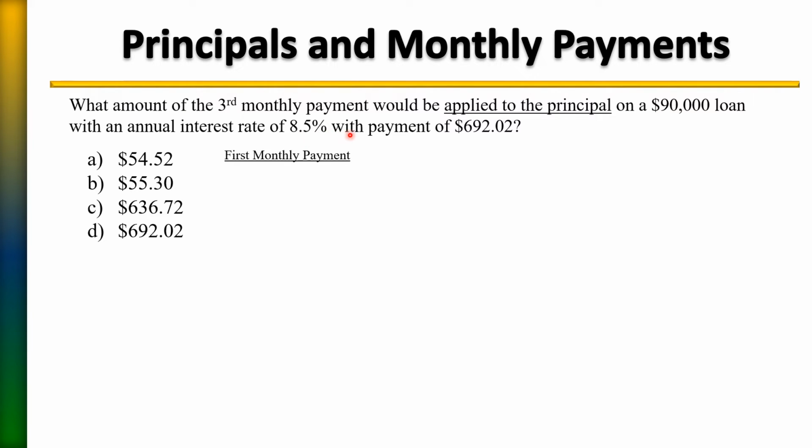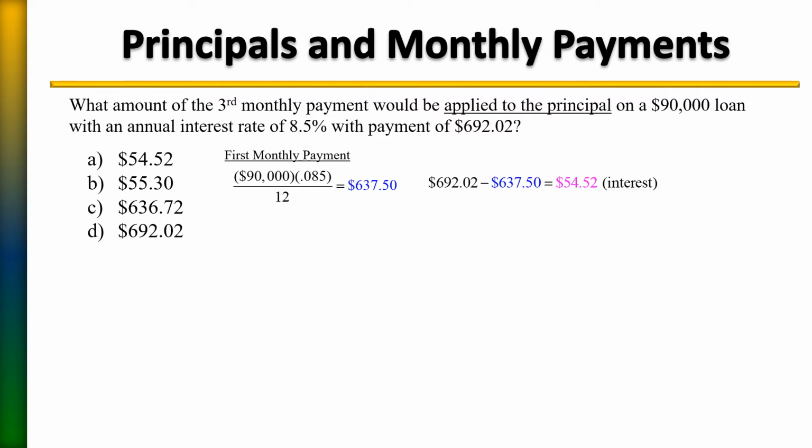And then because we want the monthly payments, we're going to divide by 12. We don't want the yearly interest there. We just want the monthly interest. And so that gives us $637.50.